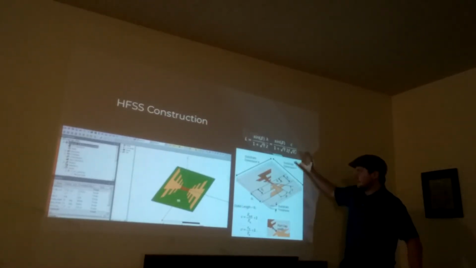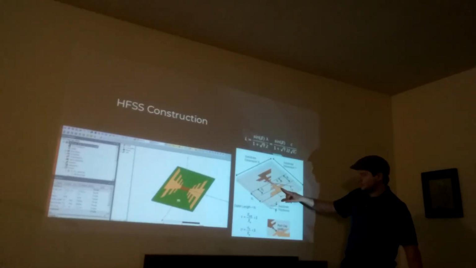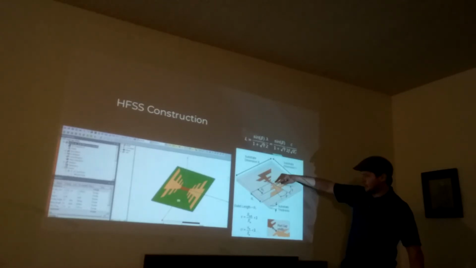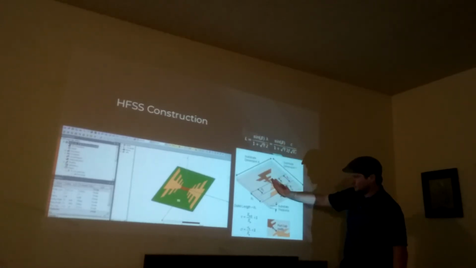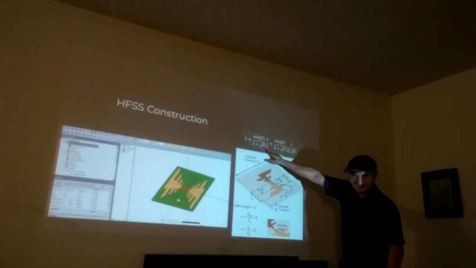And I used that to generate an equation based off of trapezoidal geometry to determine the length from the origin of each one of these trapezoids, based off of the angle, beta, the wavelength I was going for, and the scaling factor that I wanted to choose.